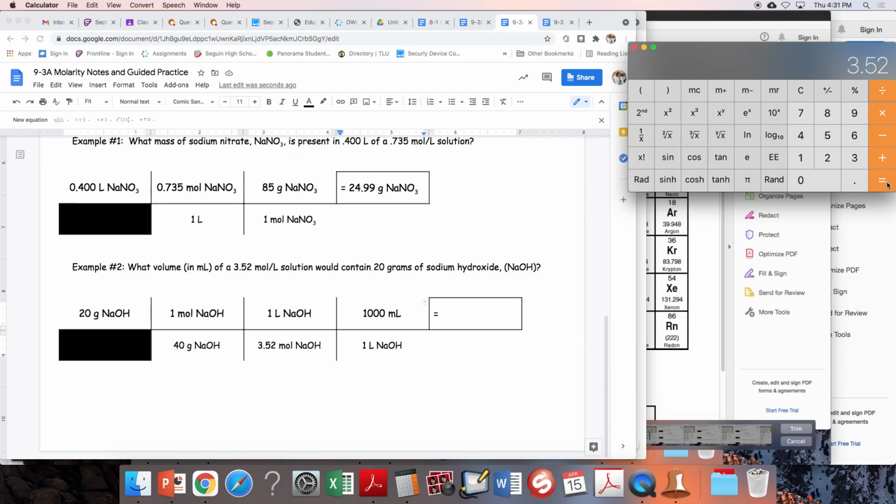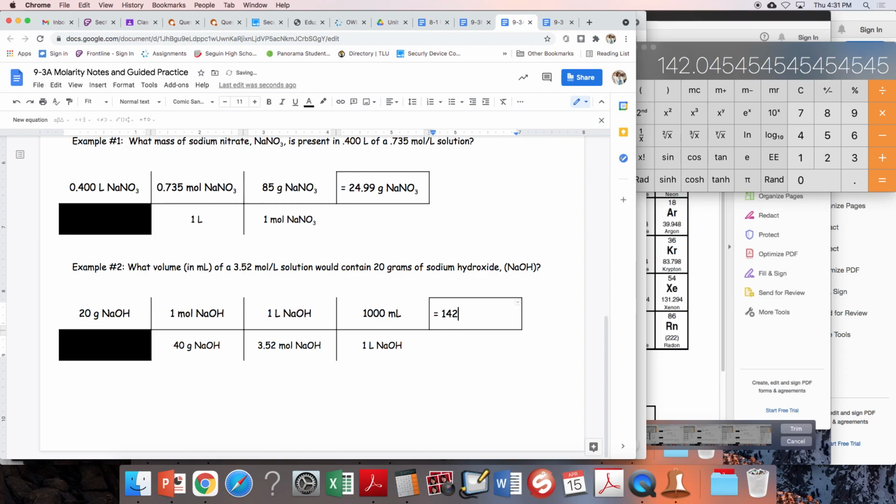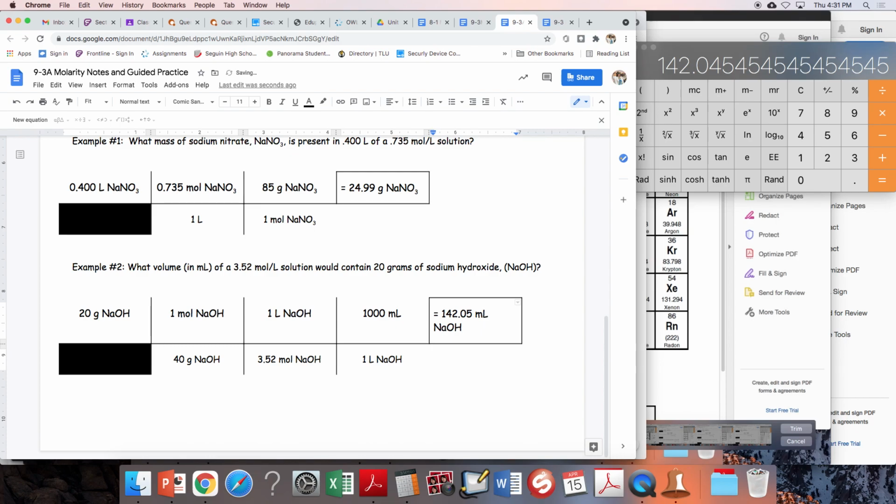You could also use parentheses, multiply those, but as long as you're dividing by the things underneath, you're good. Whatever works best for you and your calculator. So I find out my final answer is I need 142.05 milliliters of my sodium hydroxide solution to get 20 grams of sodium hydroxide.